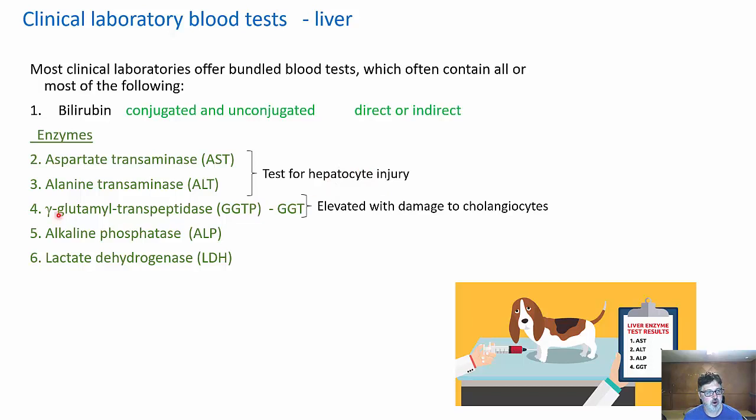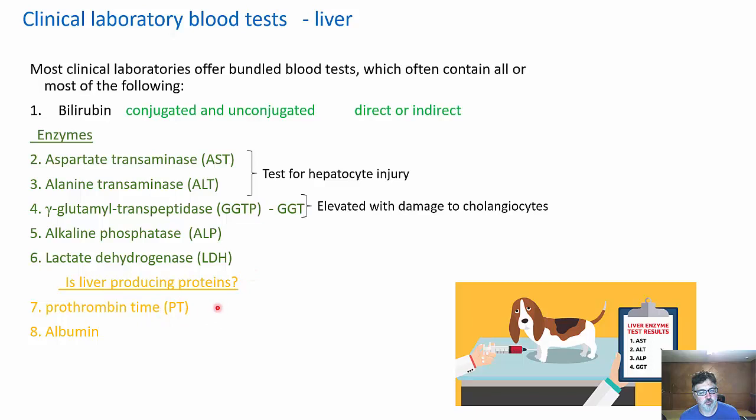We can also look for our gamma glutamyl transpeptidase, and you'll see this with damage to the cholangiocytes, so those gallbladder cells. If they get damaged, that can change those values as well. Alkaline phosphatase, lactate dehydrogenase, ALP-LDH, and we also want to look at some basic plasma proteins.